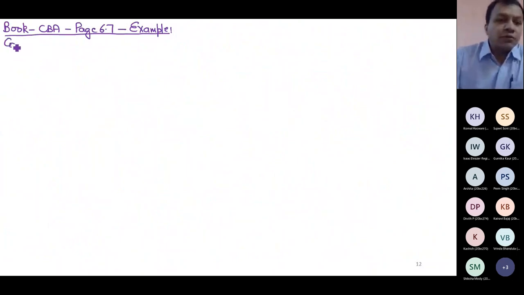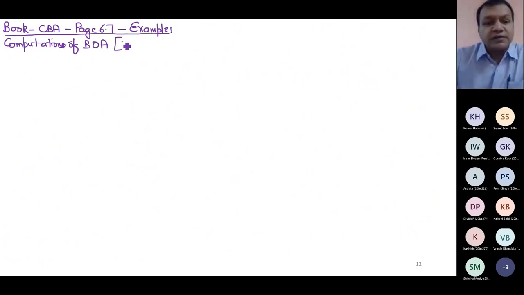Let us compute the block of asset. Computation of block of asset. This is machinery and plant having the rate 15%. So I will start from opening WDV. What is the opening WDV?